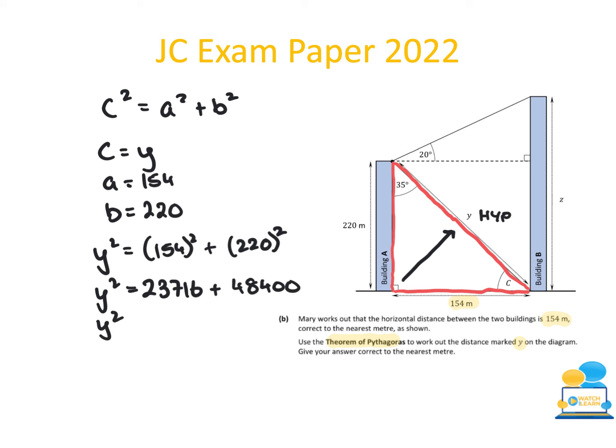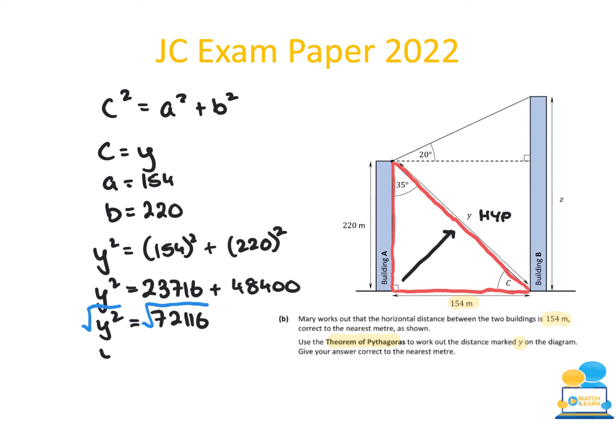I'll then add those two numbers together on my right hand side, which gives me a value of 72,116. Finally, to get y by itself, I'm going to square root y squared, which means I need to square root my right hand side.